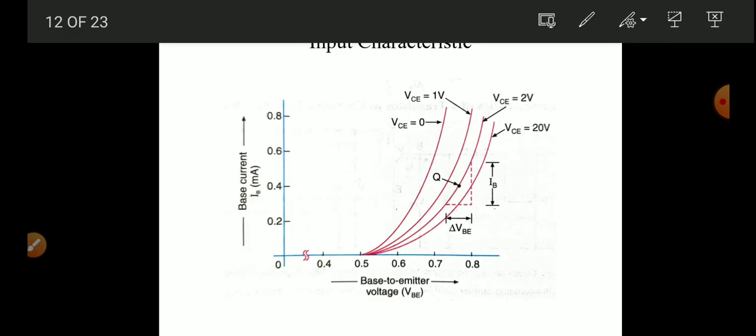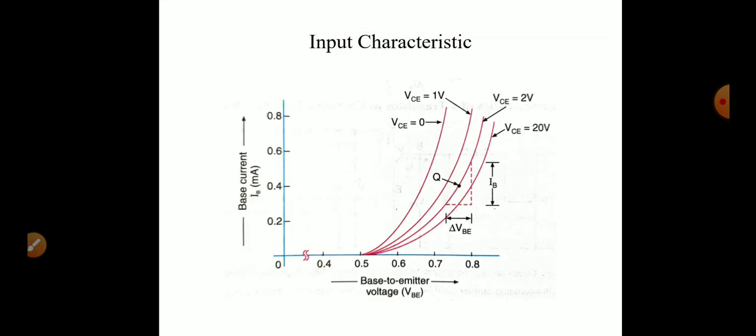First one is the input characteristics of the common emitter configuration. To plot the input characteristics, we have to plot the input voltage across the x-axis and input current across the y-axis. Input voltage is the base emitter voltage and input current is the base current.